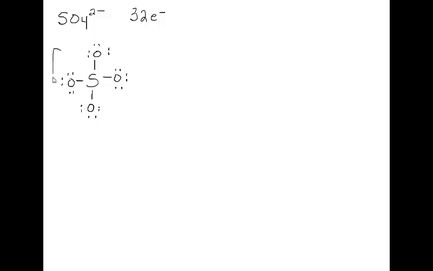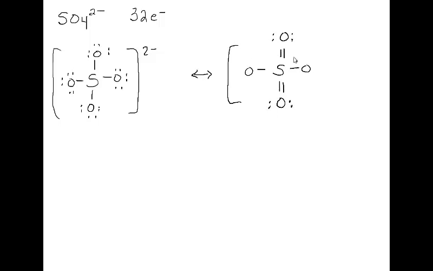Alright, so here's an example. These are 2 perfectly valid Lewis structures for the sulfate ion. Notice they are in brackets like all ions will be. I have 32 electrons in both structures.